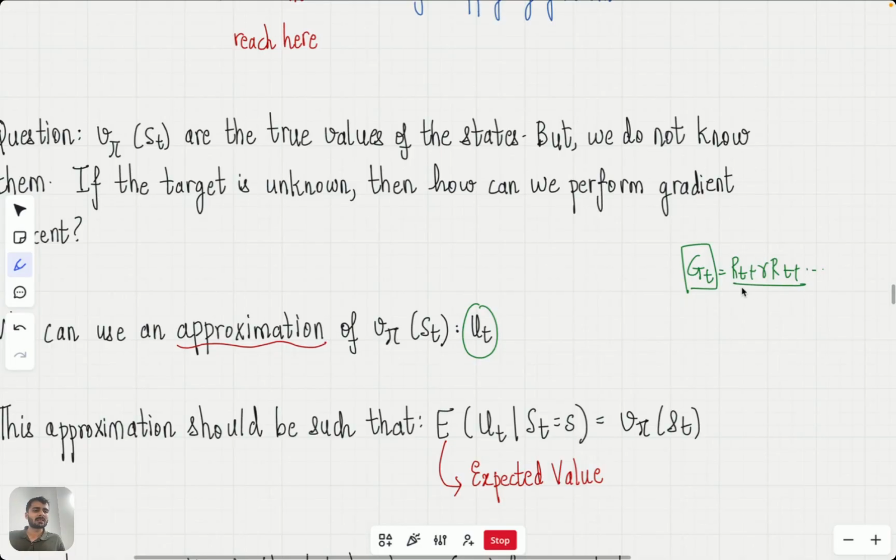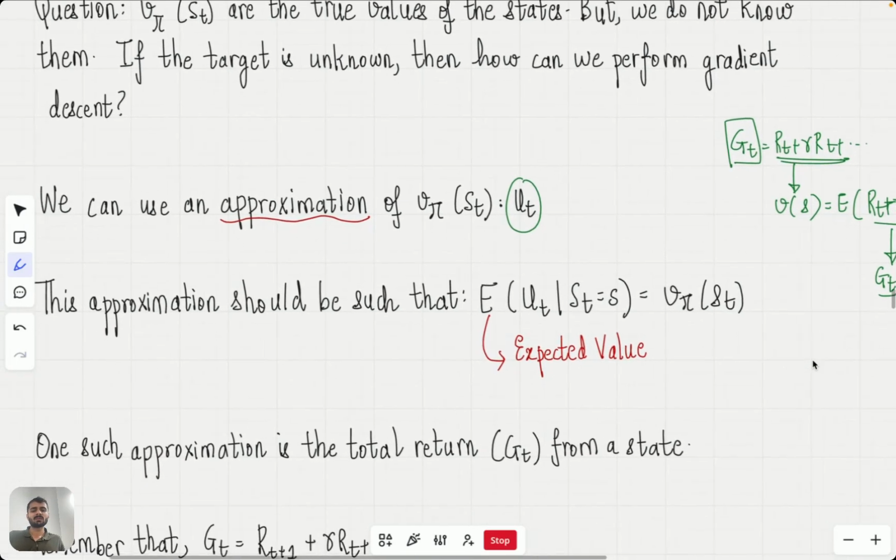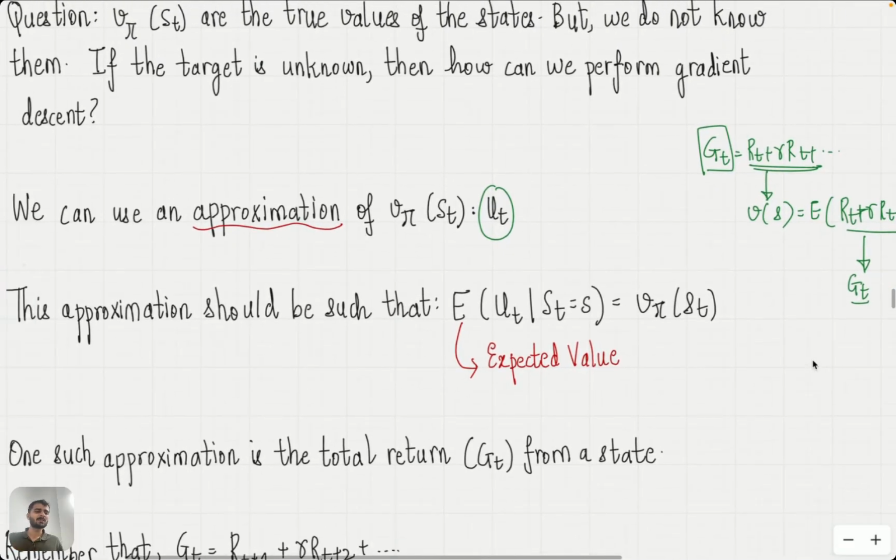The reason is that this is the exact same formula which I have for the value function of a state also. So the value function of a state is the expected value of the sum of returns, which is R_t plus gamma R_(t+1), etc. And this sum of returns is nothing but the G_t, which is the return we use in Monte Carlo. So one such approximation is the Monte Carlo return.